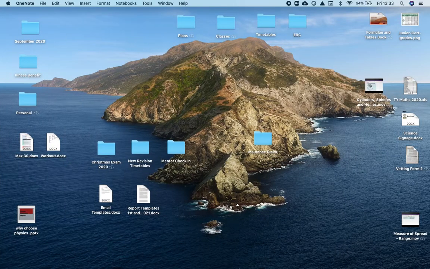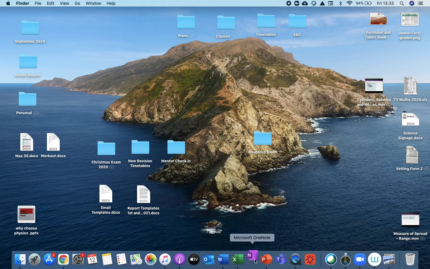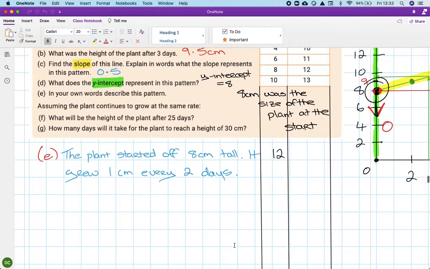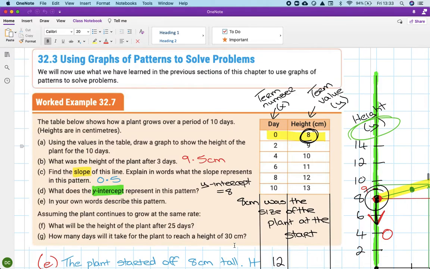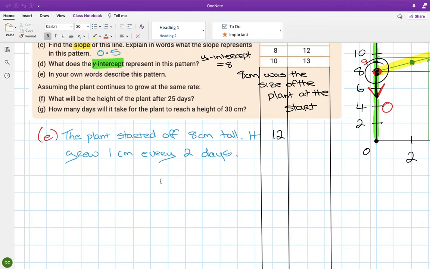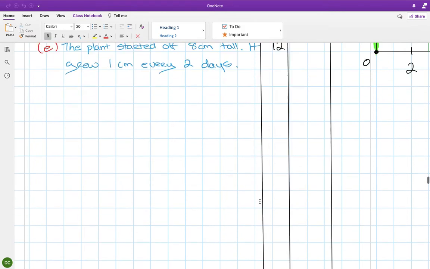I'm trying to shut it down and see will this help. I don't know if the problem is with the MacBook or the iPad. Sorry, guys. I'm just shutting my OneNote down on my iPad here to see if this helps, because that didn't help.